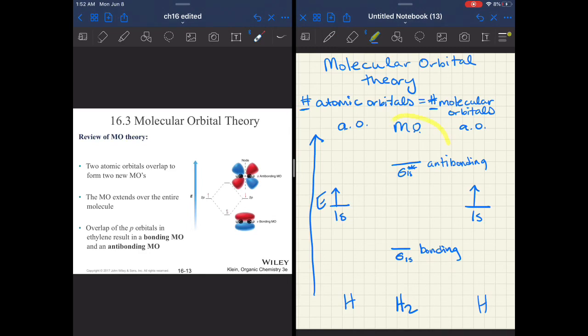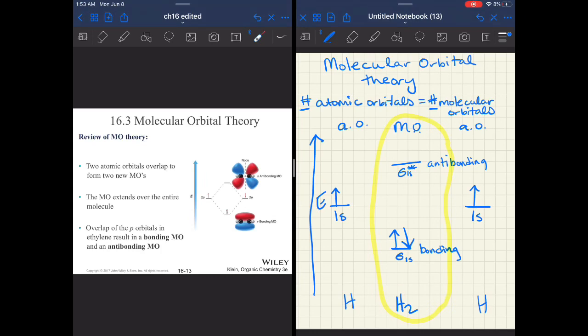Now let's focus on that molecular orbital diagram. Hydrogen has two electrons. We're going to fill in the diagram using the same rules that you learned in Gen Chem, right? Your Aufbau principle tells you that your electrons go in the lowest energy orbitals first, and Pauli exclusion tells you that two electrons can go in the same orbital as long as they have opposite spins.